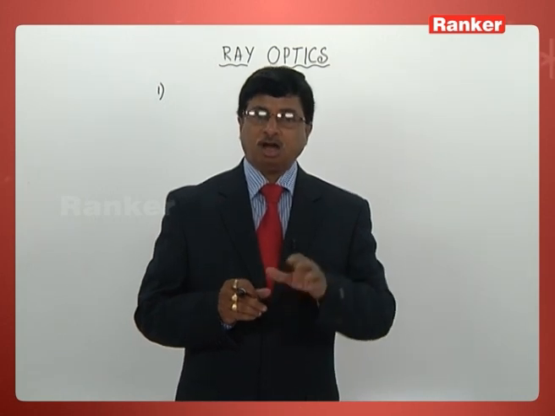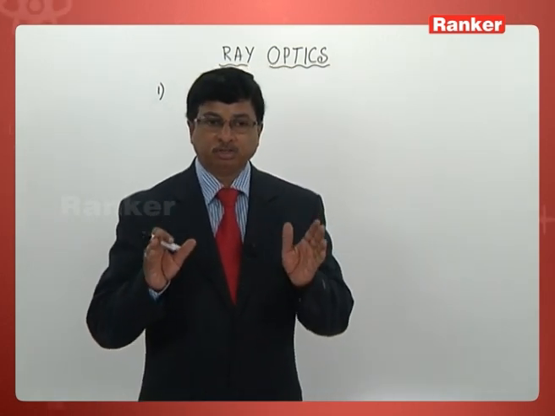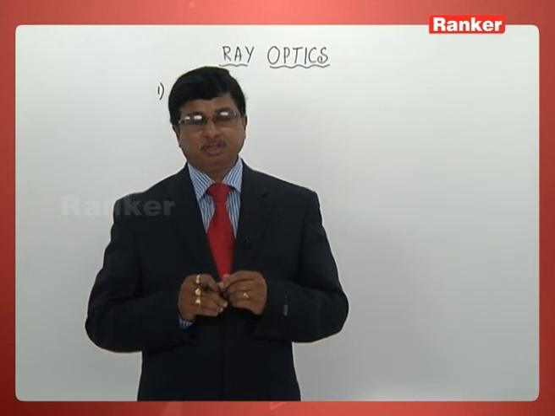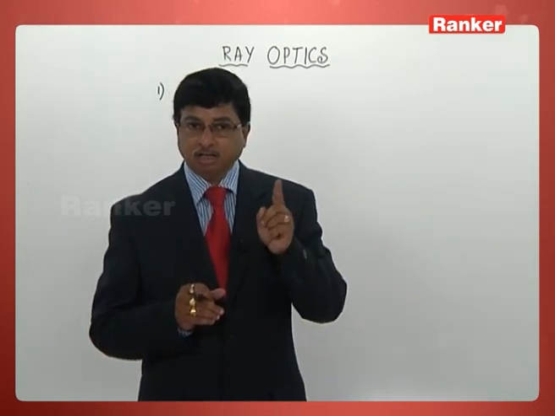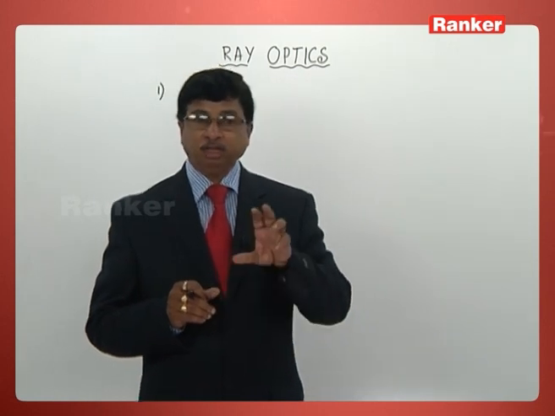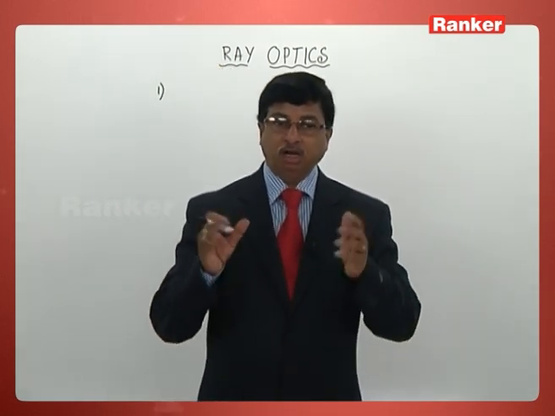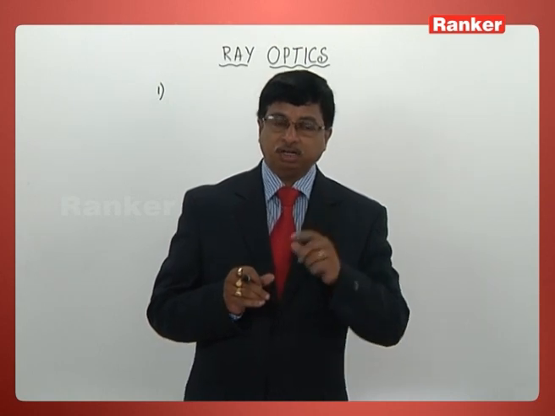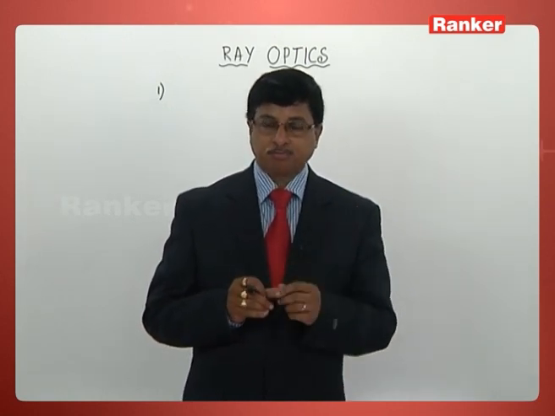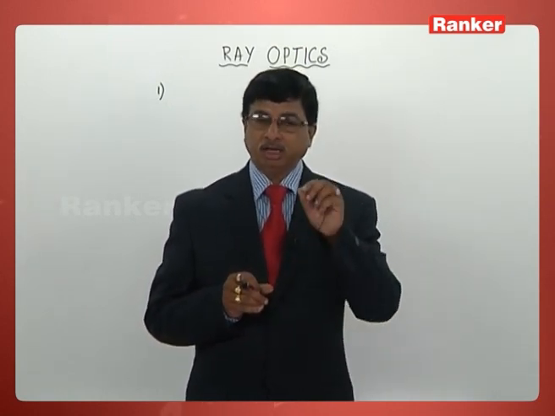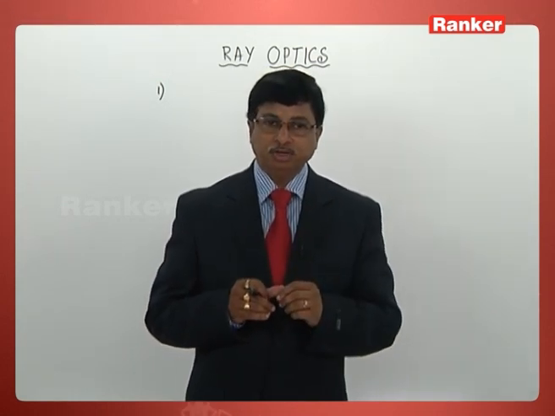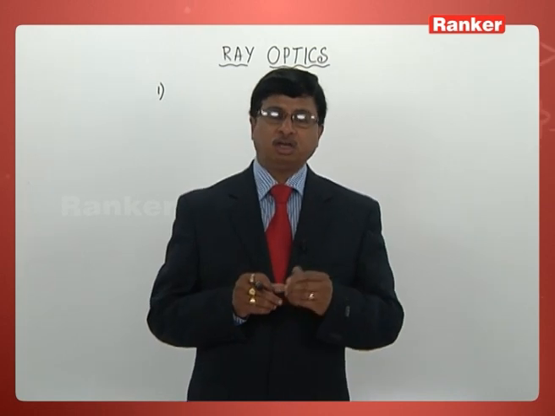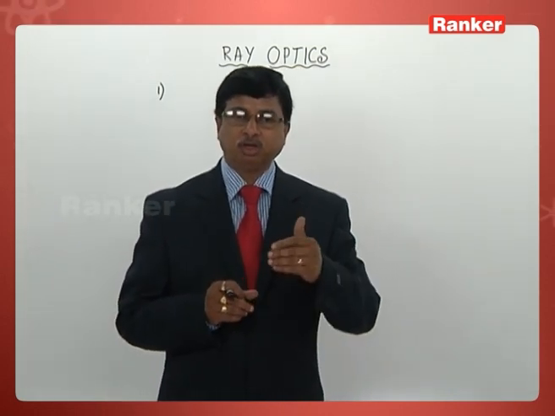So naturally, all three values are to be taken with a negative sign. Therefore, if you apply the mirror formula for a concave mirror when the image formed is real, that can be written as -1/f = -1/u - 1/v. In general, we can write that now as 1/f = 1/u + 1/v.